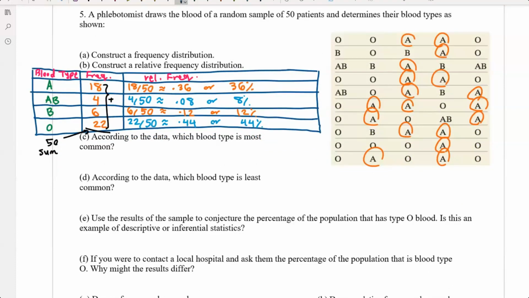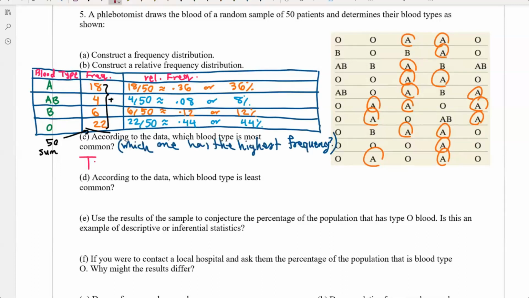Okay, now we have to answer questions. So that was part A and B: frequency, this column, and relative frequency, this column. Now part C, according to data, which blood type is most common? Meaning which one has the highest frequency?